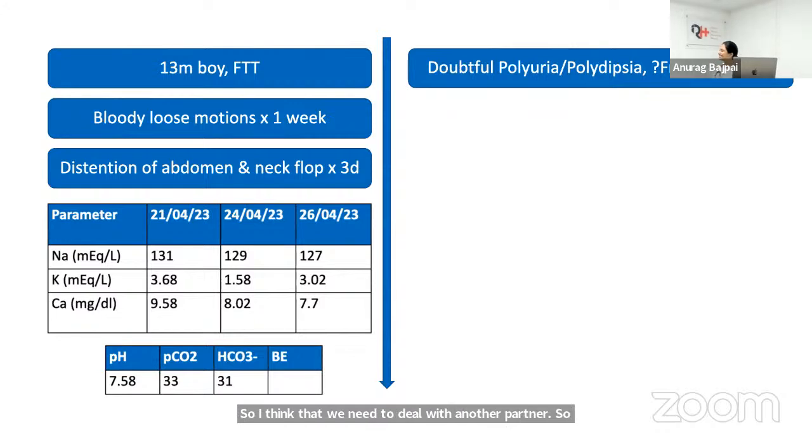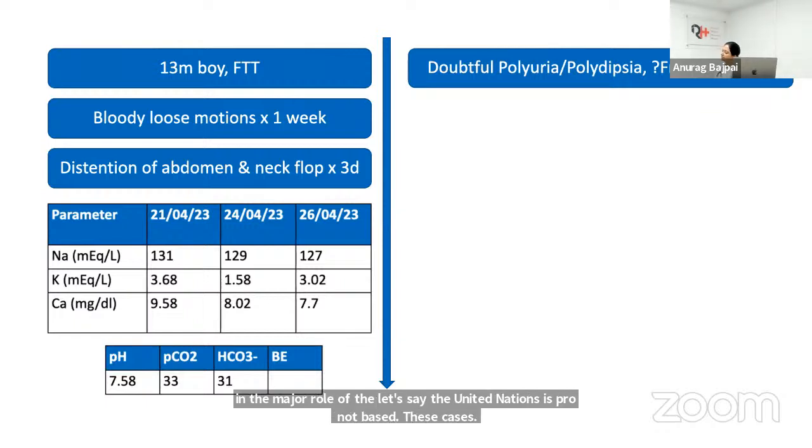At 13 months, it's good that they measured potassium and the blood gas, but you have to be careful before you label. The major role of the pediatrician is to not miss these cases. The major role of the super specialist is to not overdiagnose these cases.